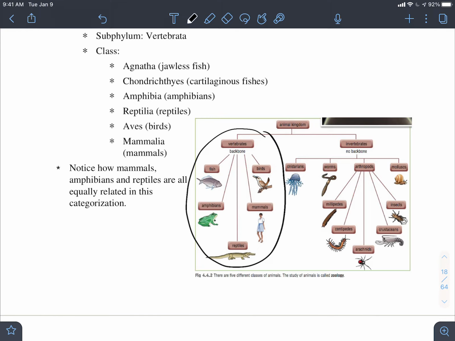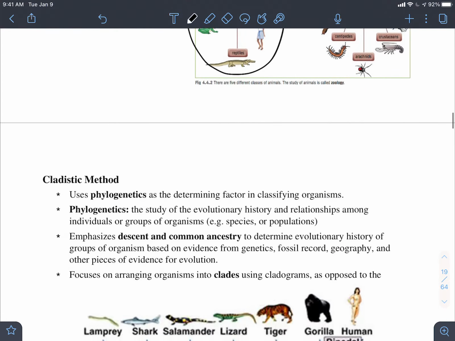The vertebrates are divided into groups because of their difference in appearance, their difference in characteristics, their difference in phenotypes. But the categorization is all equal. So we don't actually get to understand much other than that these organisms are different from others, and so they should be categorized that way.